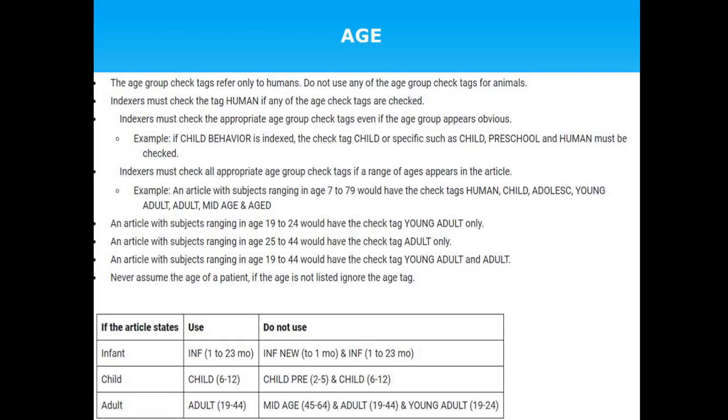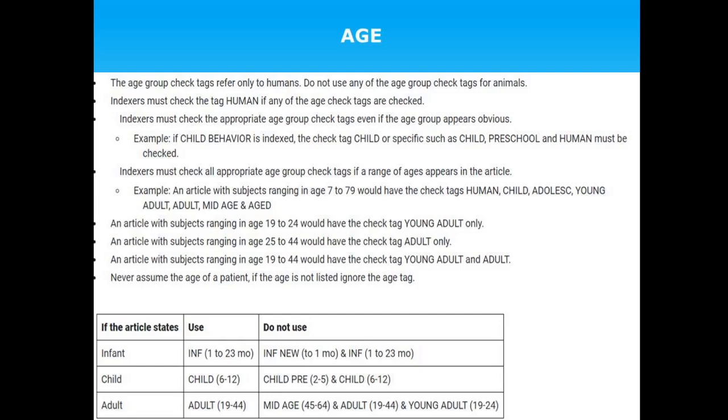Indexers must check all appropriate age group check tags if a range of ages appears in the article. If there is no specific fixed age for a population and the ages vary, for example from 15 years to 20 years, you have to include all the appropriate check tags for indexing.